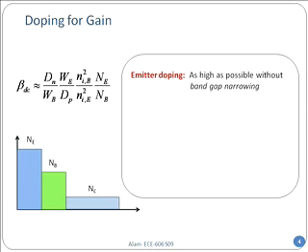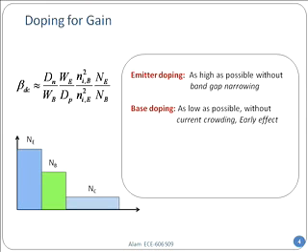And so the effective gap you have is a little less, and you can see the gap enters this picture through Ni squared because that has the gap in the exponent. As a result, small changes in the gap, even 0.1 eV, can have a dramatic effect on gain because of the band gap narrowing. That is something you do not want to have.